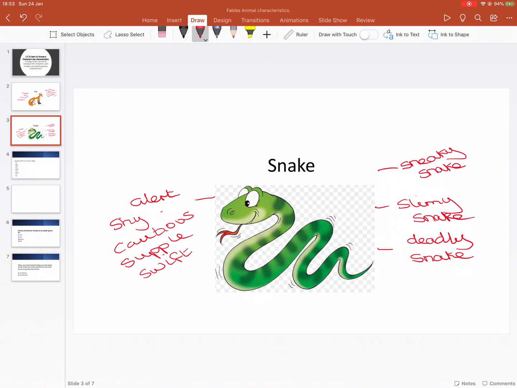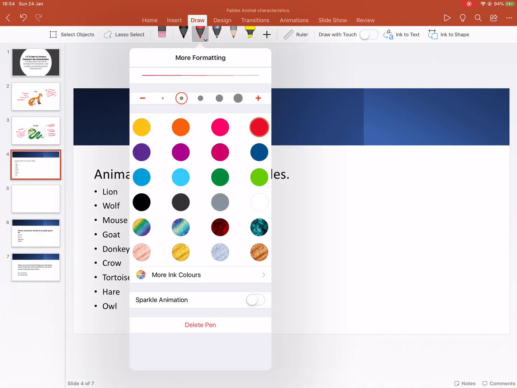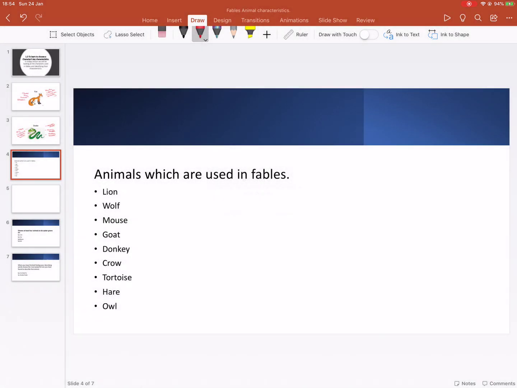So I'm going to look now, you will find lots of different animals are used for fables. These are just a few, but they are definitely, again, all animals that we know. We know the lion, so we'd put a brave lion, brave, bold.